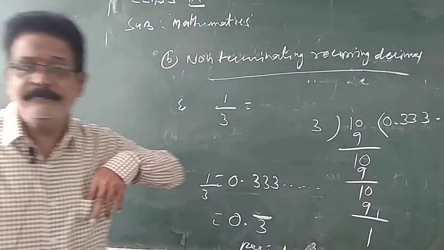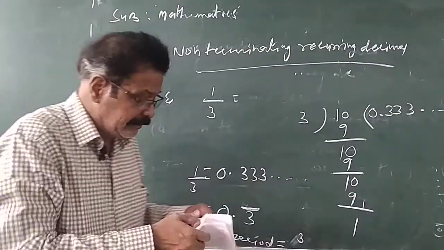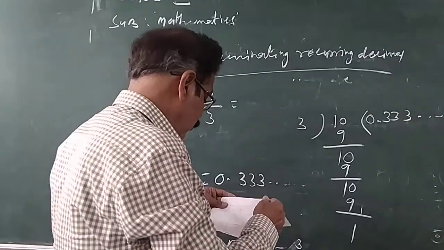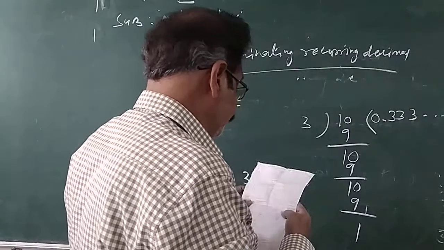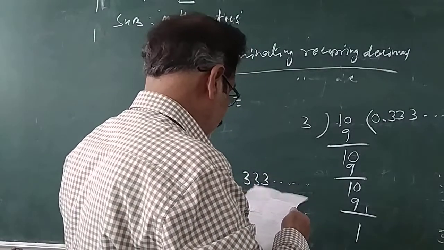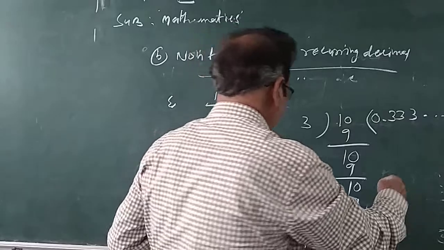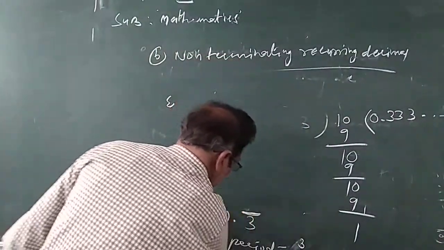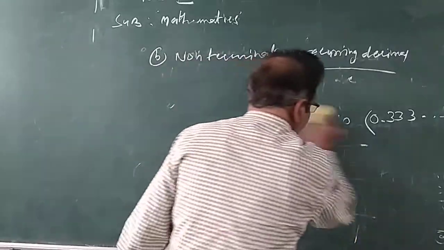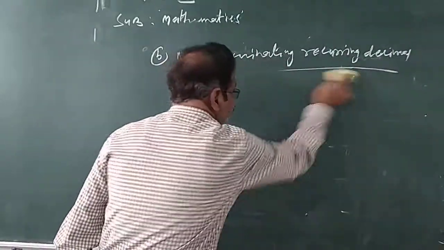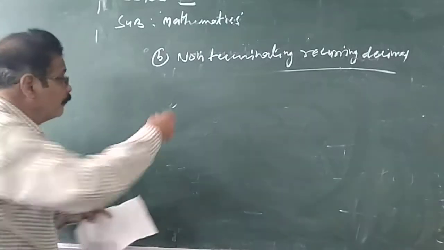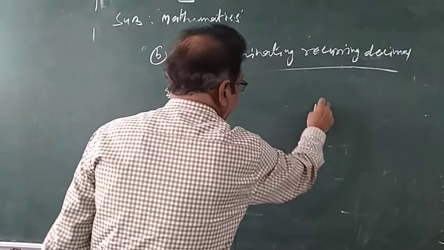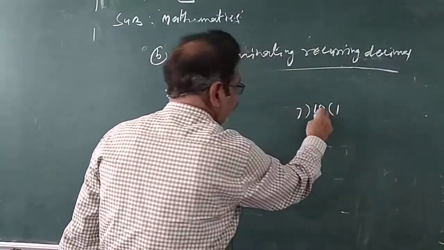One more example. Now I will give you 10 by 7. 10 divided by 7. 7 ones are 7.